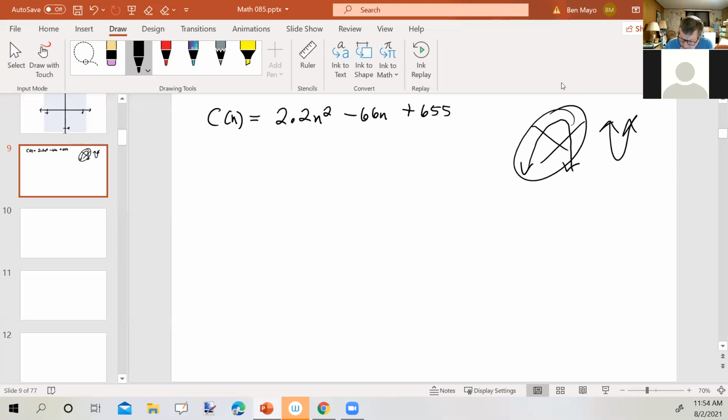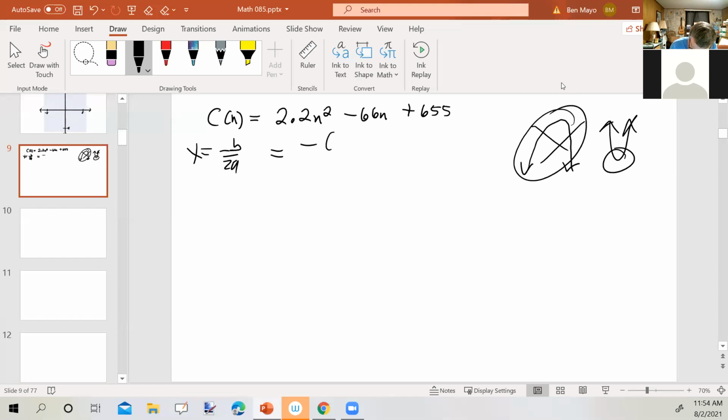So how could I find that minimum value? Well, isn't that the y value of the vertex? So basically, I'm looking for the vertex. I'm going to use x equals negative b over 2a, and I'm going to use x and y, even though we're actually technically in n and C of n. Okay. So let's see.